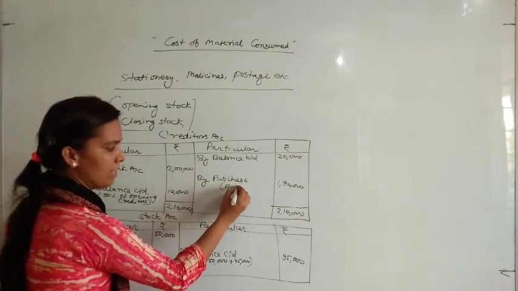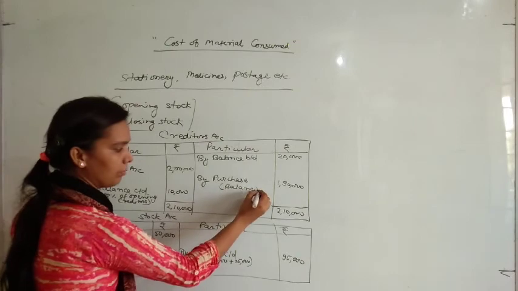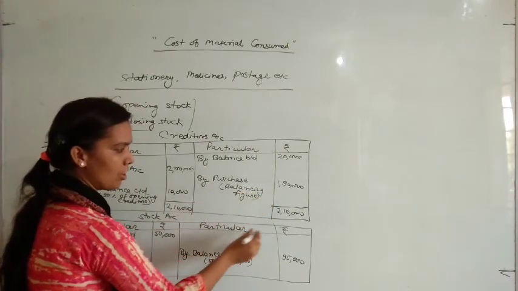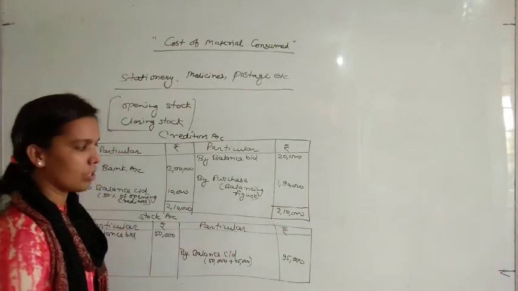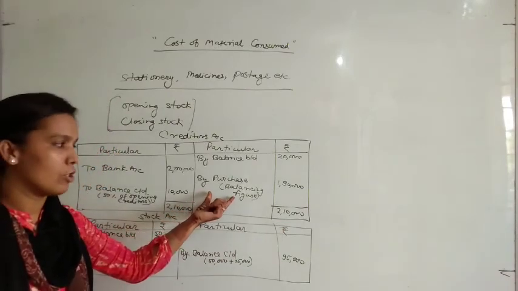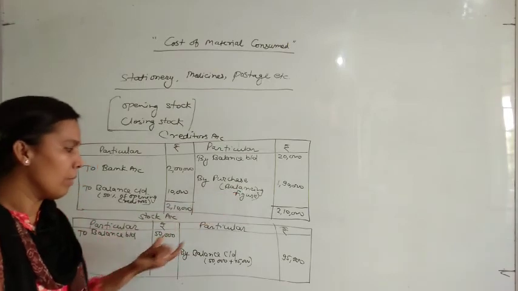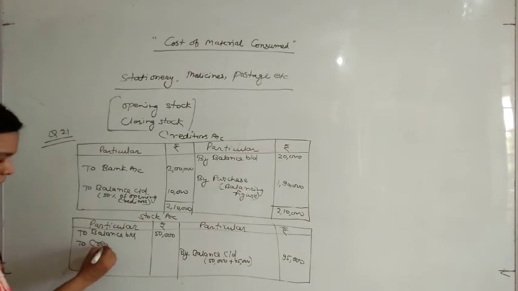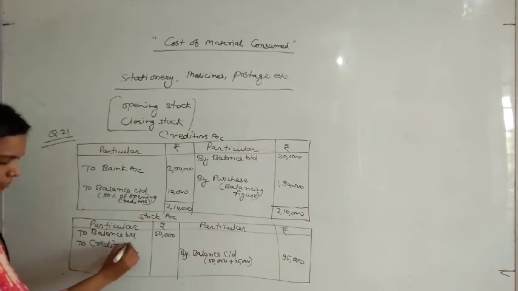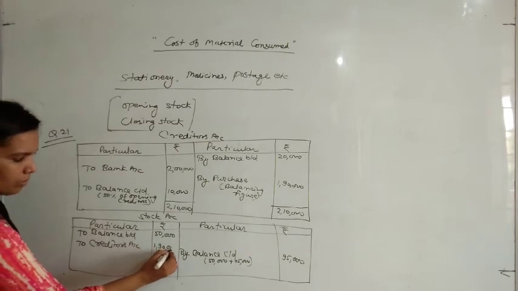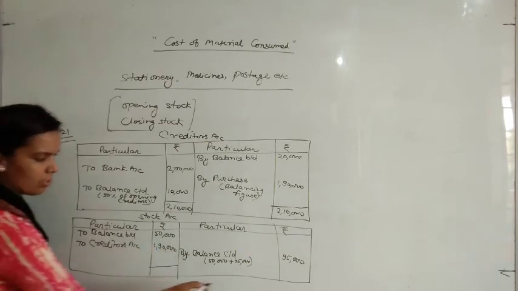It is a balancing figure, meaning during the year you purchased medicine of rupees 1,90,000, and if you purchased the medicine, it means that is your stock. So the same entry will be posted to stock account also, to creditors account, that is 1,90,000.